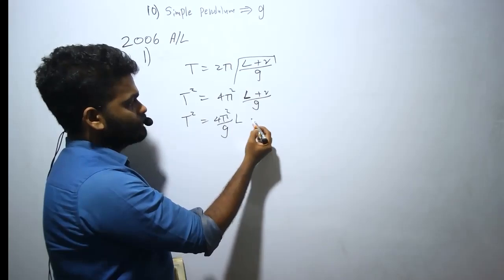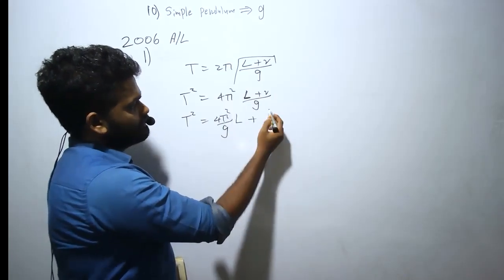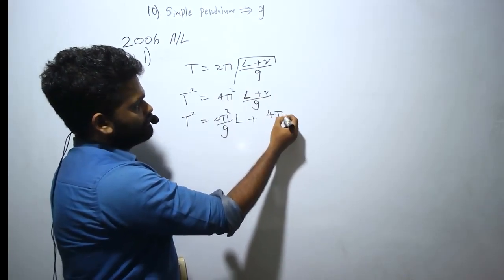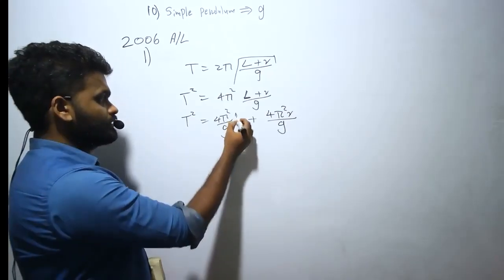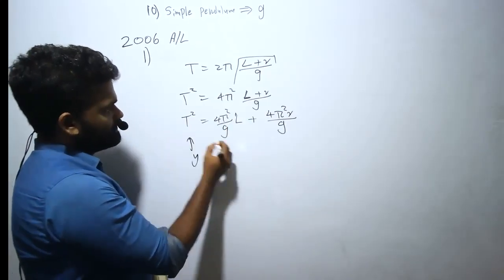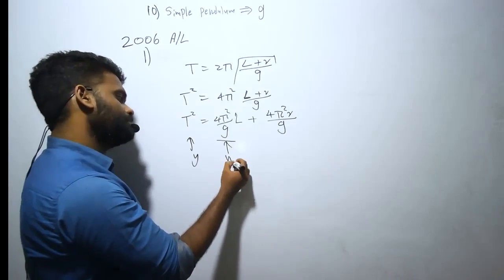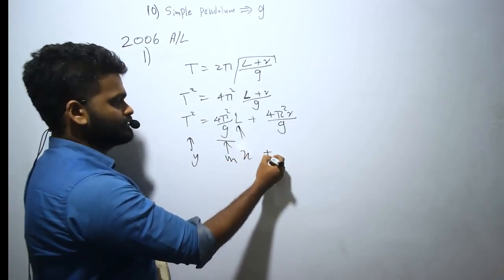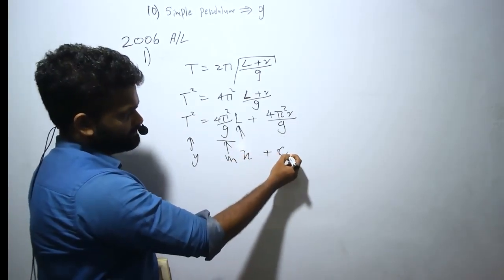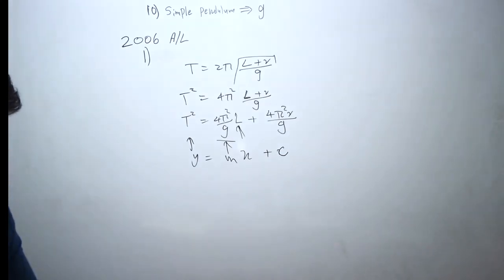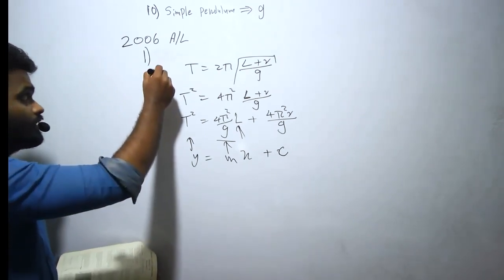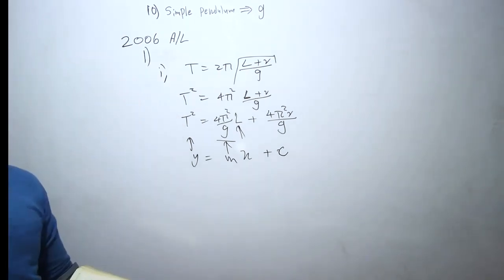So take L out, plus 4 pi squared r divided by g. So this is y, this becomes m, this is x, and this is c. Okay. So this is the answer for the first part.